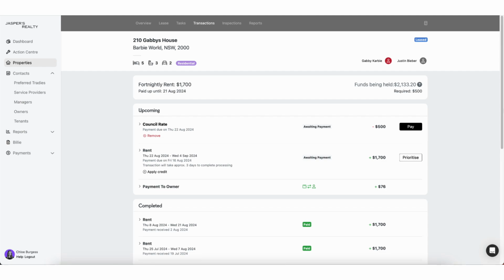Today we are going to be running through how to understand and navigate the Transactions tab. The Transactions tab is linked to each property, so every property has their own Transactions tab. It is a review of all of the completed payments made, whether it be the agency payments, owner payments, or tenant payments, specifically for this property.